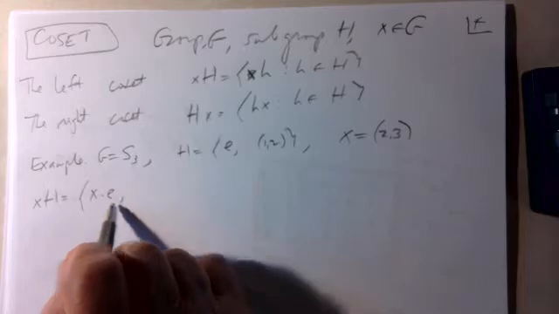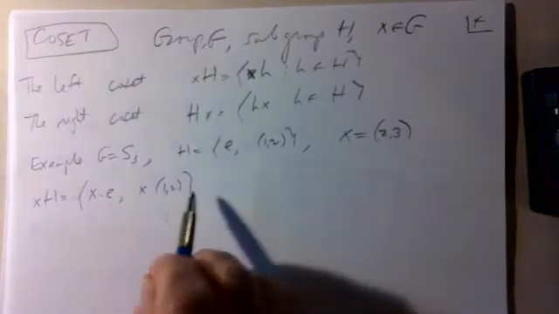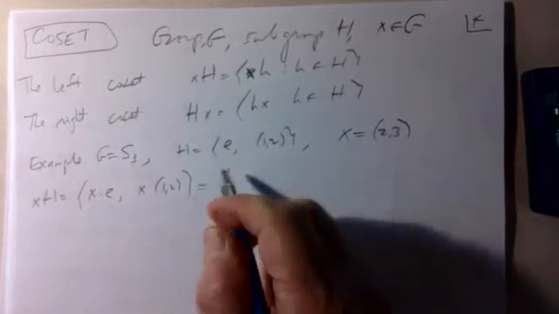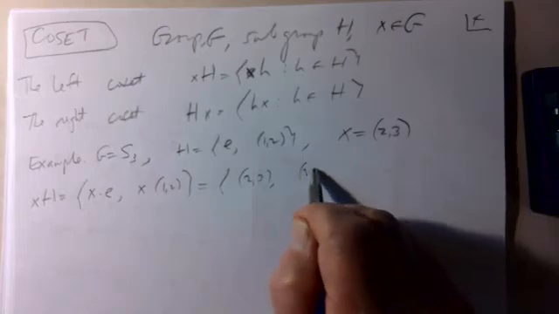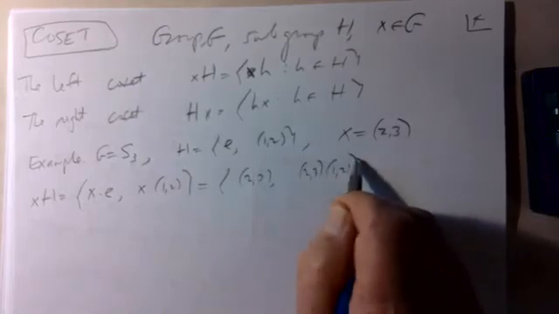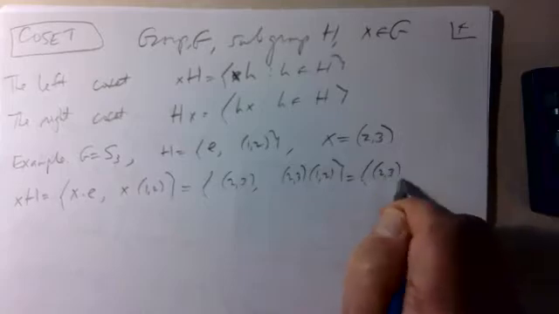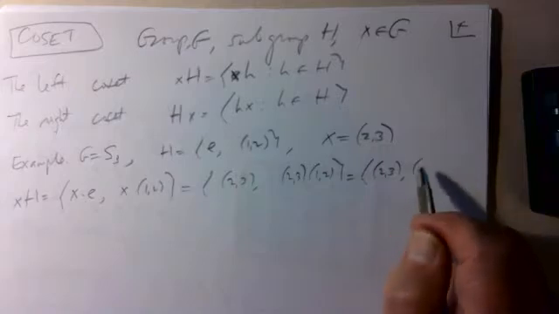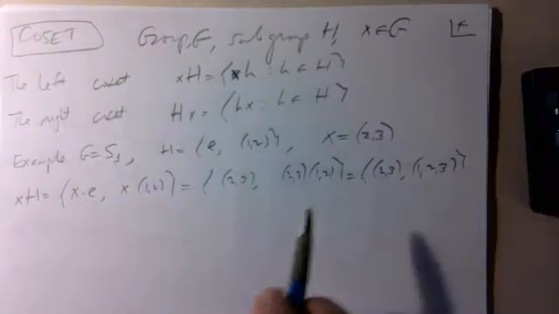So this is x times e and x times (1 2). x is (2 3), and when I multiply it by the identity, it's still (2 3). And this is (2 3) times (1 2).